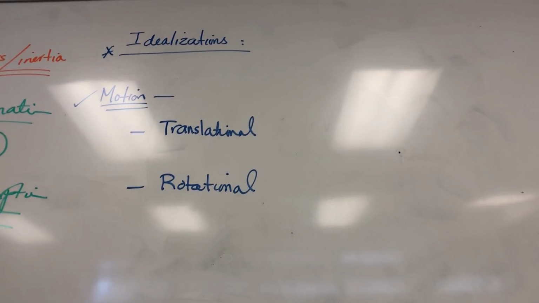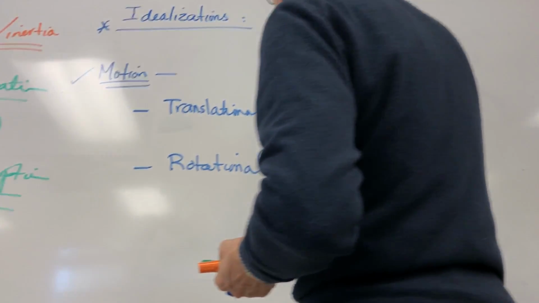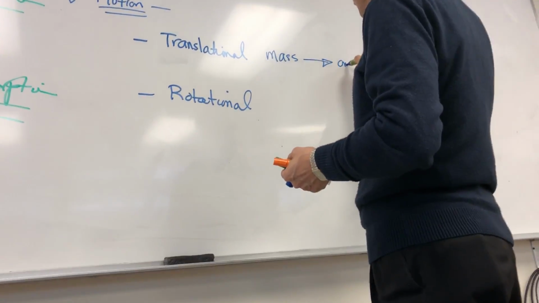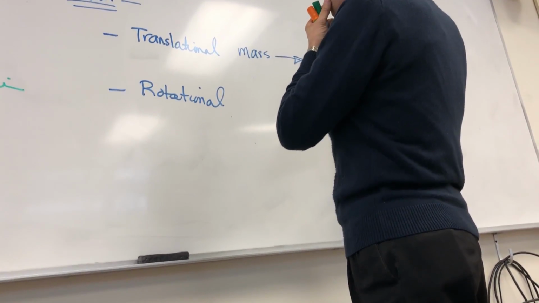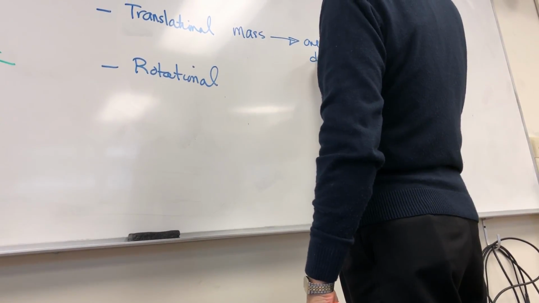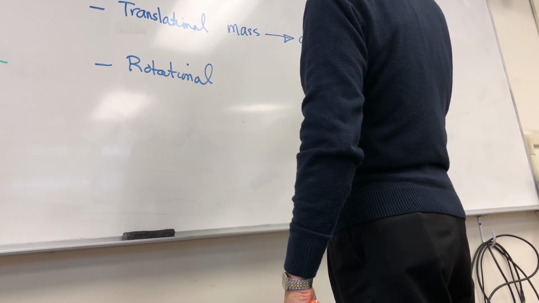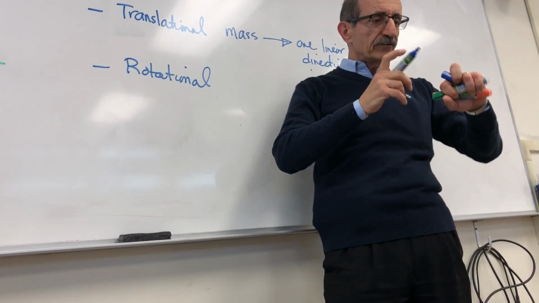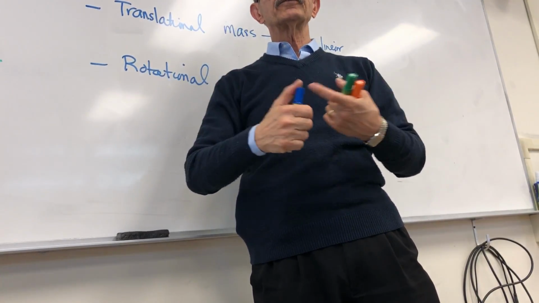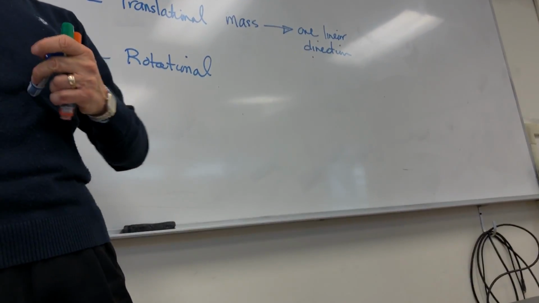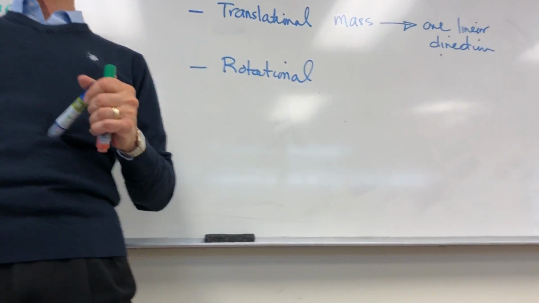In translational motion, what we are dealing with is a mass that is moving in one basically linear translational direction. So all we care about is that mass, right? And our focus is on just the center of that mass.